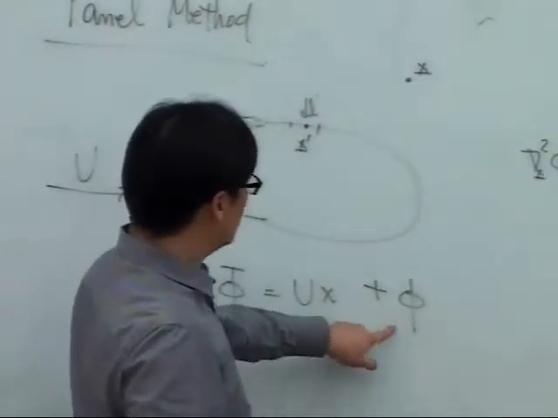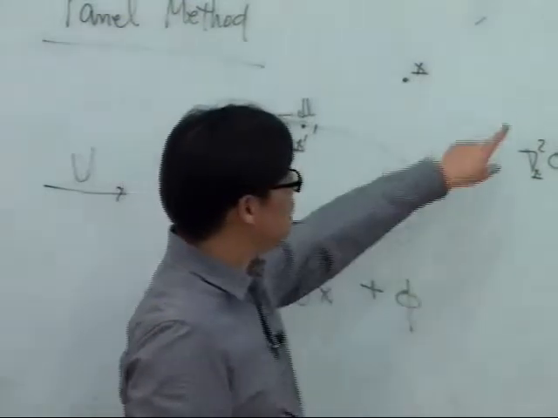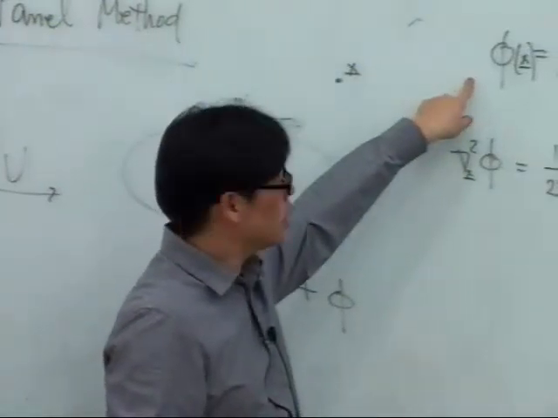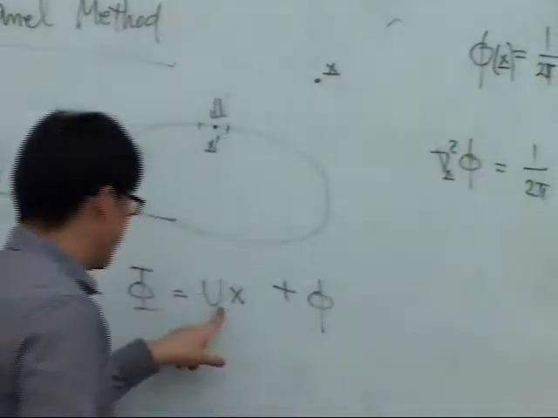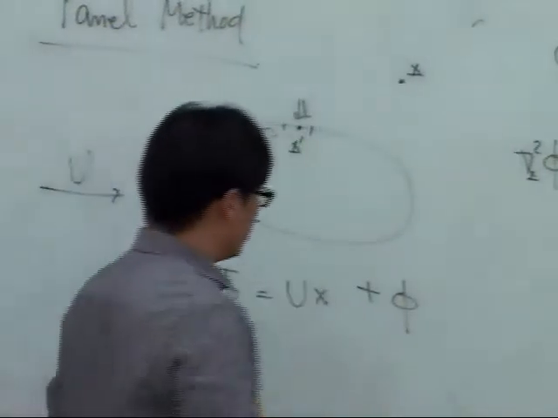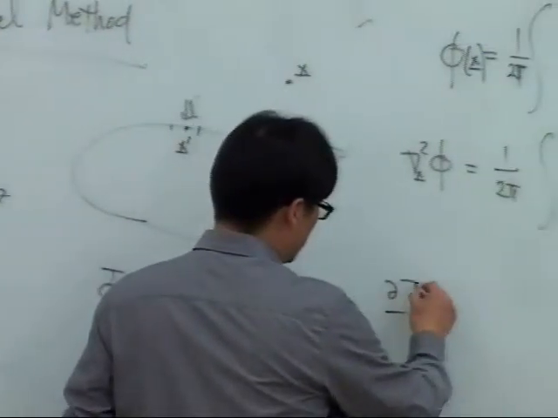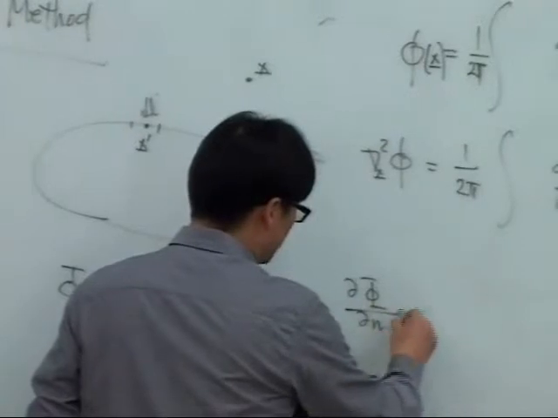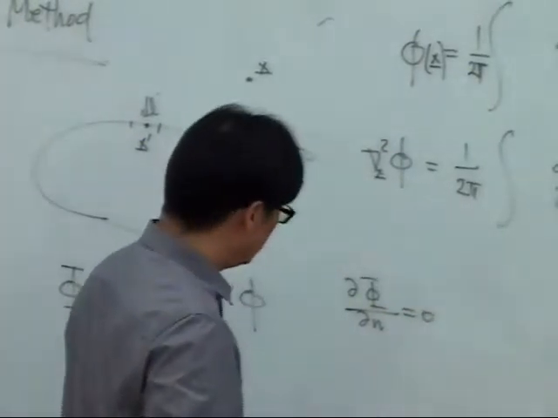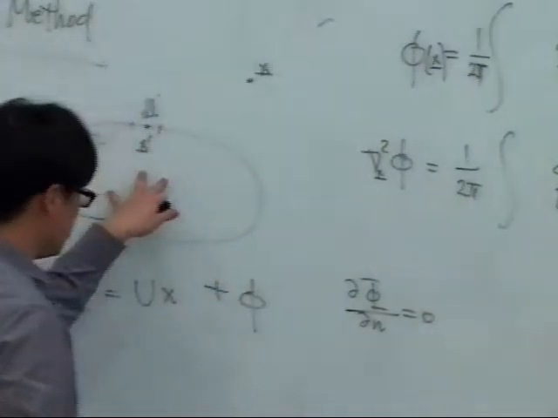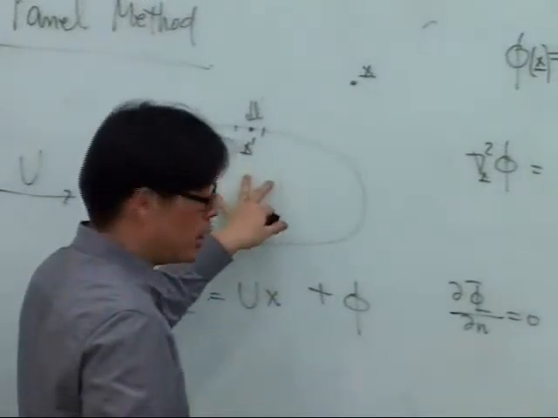And phi, the effect of the body, can be represented by a distribution of sources. And then I add the uniform stream. And then my boundary condition is d phi dn has to be 0, because this guy is stationary.